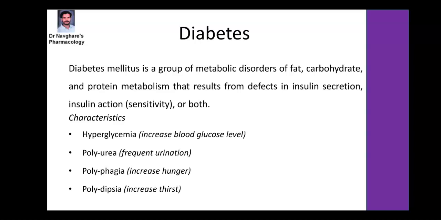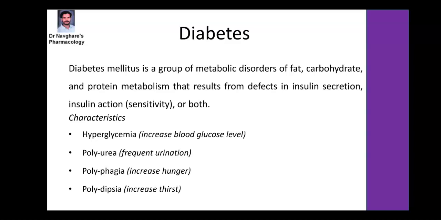So first we have to understand what diabetes is. If I ask what is diabetes, what kind of reaction do you give? Diabetes mellitus is a group of metabolic disorders of fat, carbohydrate, and protein metabolism that result from defects in insulin secretion, insulin action, or sometimes both.